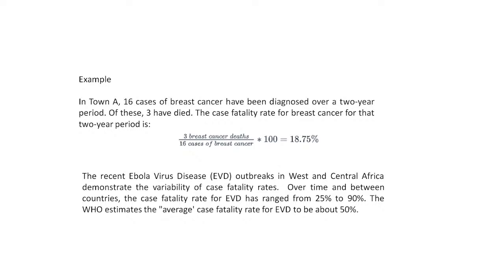The case fatality rate for breast cancer for that 2-year period is 3 breast cancer deaths divided by 16 cases of breast cancer, multiplied by 100. 3 divided by 16 multiplied by 100 equals 18.75%.